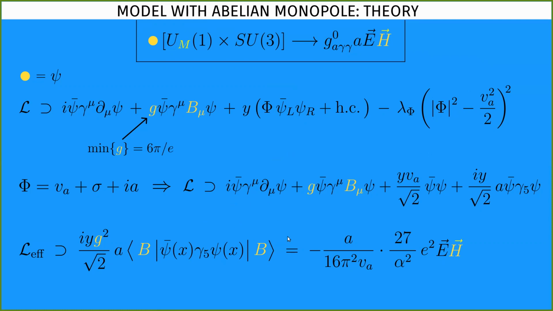So the effective Lagrangian is given by this expression, and as one could expect, we get the enhancement of order G squared, so magnetic charge squared, instead of the electric charge squared in the KSVZ model. And in fact, this is a huge enhancement of the photon coupling, which behaves as 1 over the fine structure constant squared.